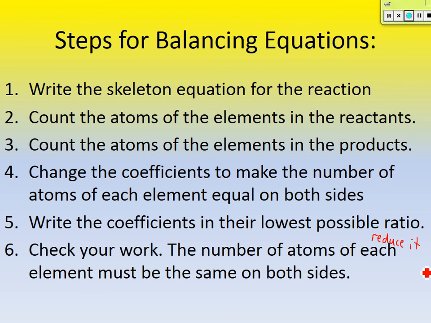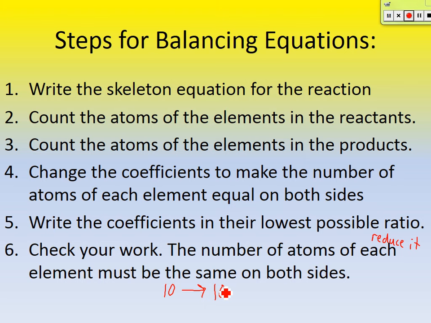Step number 6: check your work. What's nice about balancing chemical reactions is that when you're done, you have a way of checking and making sure you did it right. How do you check? Well, the number of atoms has to be the same on both sides. So if you've got 10 atoms on the left side for reactants, how many are you going to have on the right side? 10.